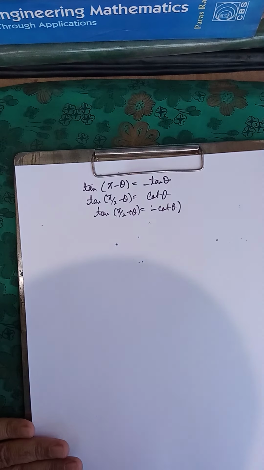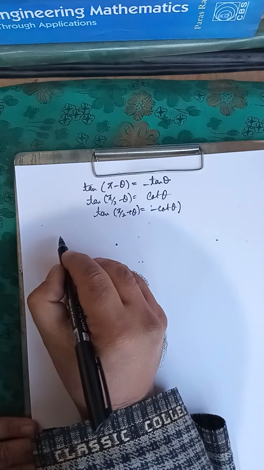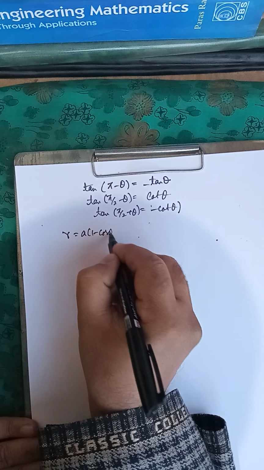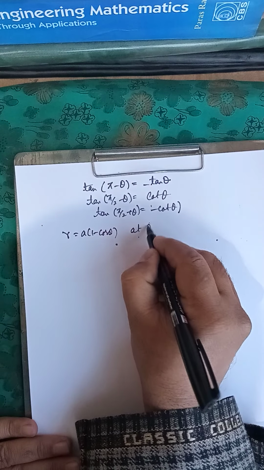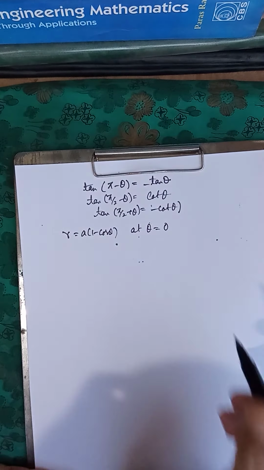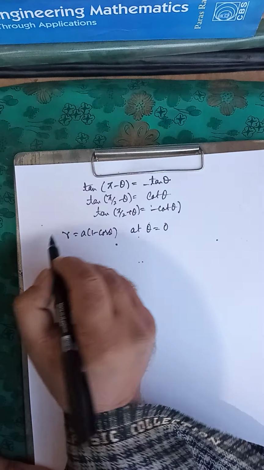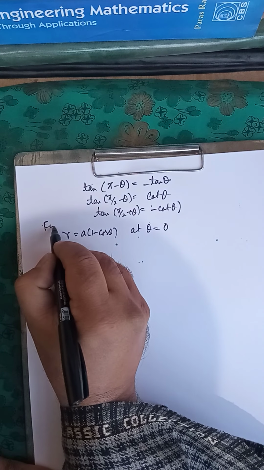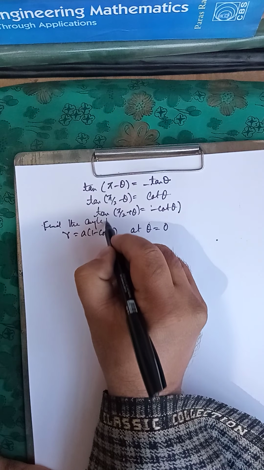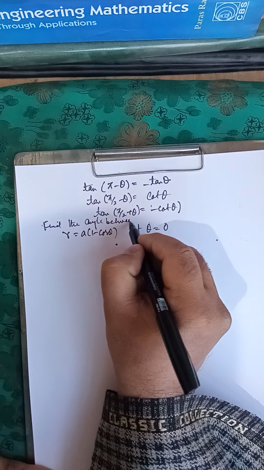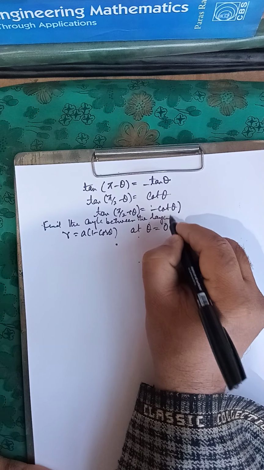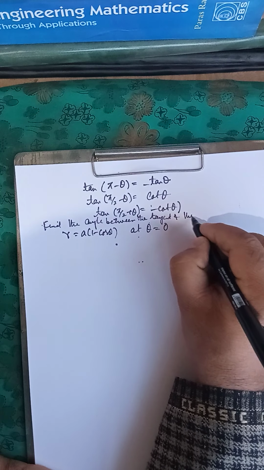Now let me take up a few questions. Say I have the first question: r equals a(1 minus cos theta) at theta equal to, say, 0. Find the angle between the tangent and the radius vector.